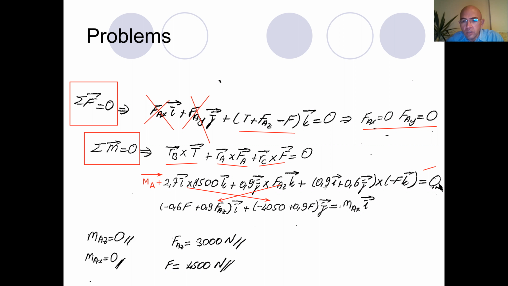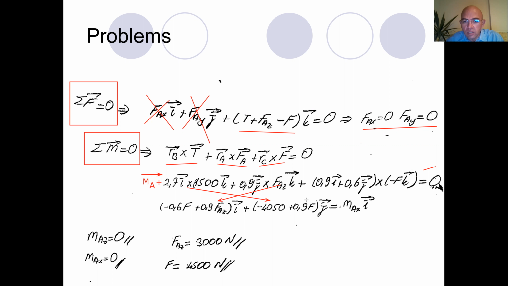Now here it is 0.9 i vector multiplied by minus F k. i times k gives us negative j vector, so it is a positive value because there is a negative one.